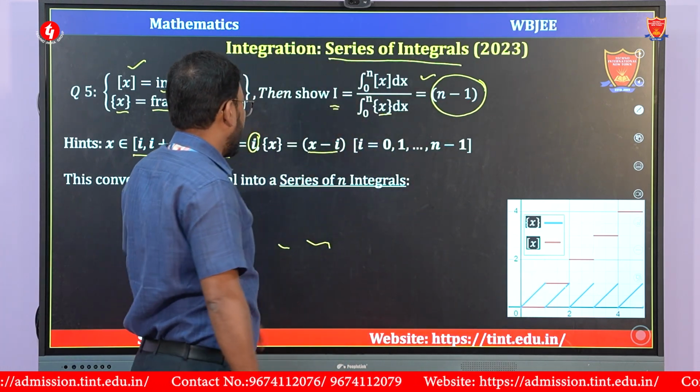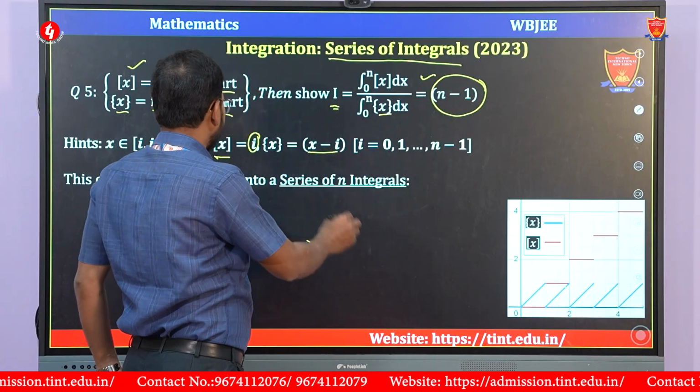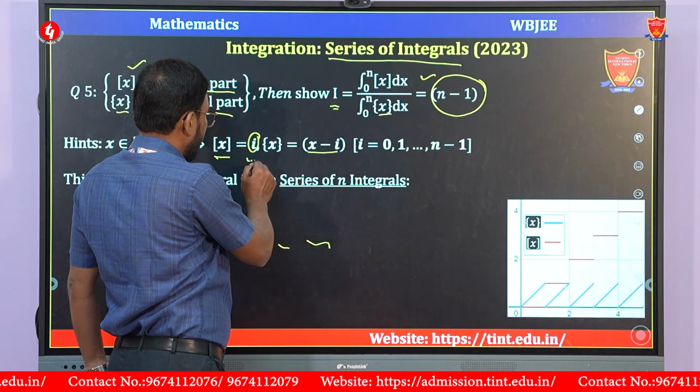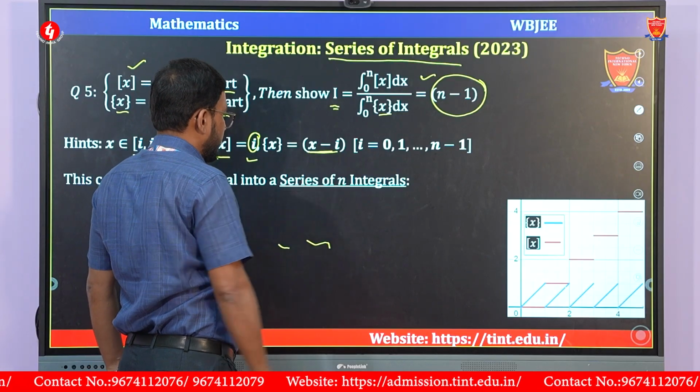So, for I from 0 to n minus 1, box x is defined as I, and the fractional part is defined as x minus I.